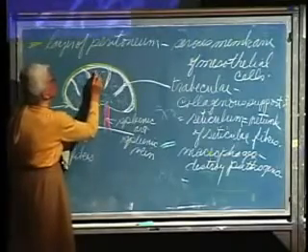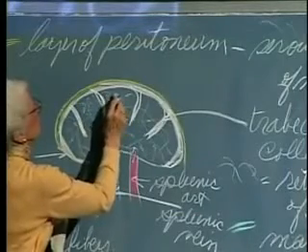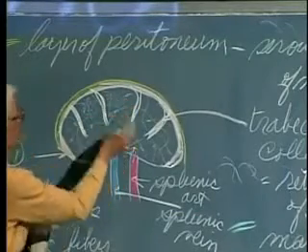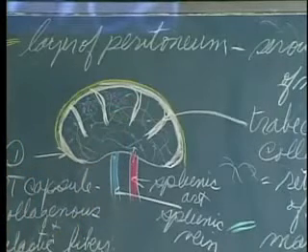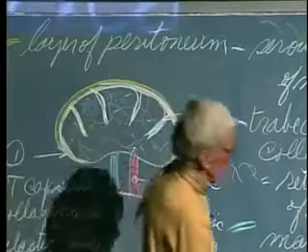So if you're asked to point that out in your slide in lab, you go out here for it. So there's an example of what's called white pulp. The majority of the spleen is red pulp.